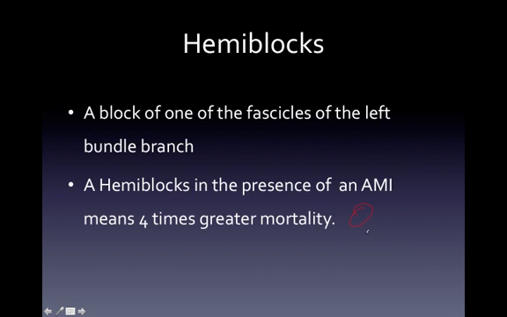So with a hemiblock, you have to look at the perspective of where the electricity is traveling. I'll give you an example of this. A hemiblock in the anterior fascicle would cause the energy that we see there all the time to probably be conducted down the posterior fascicle.